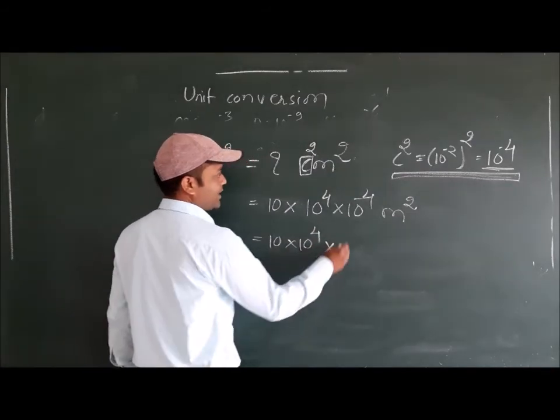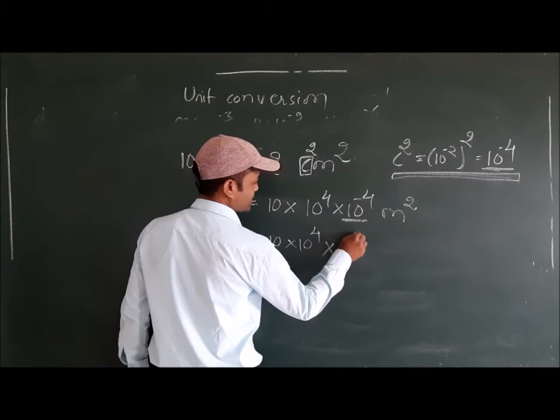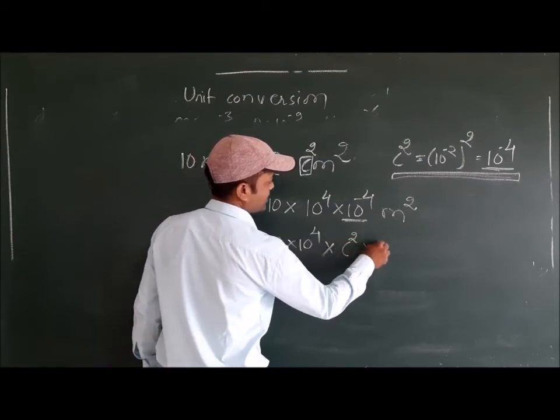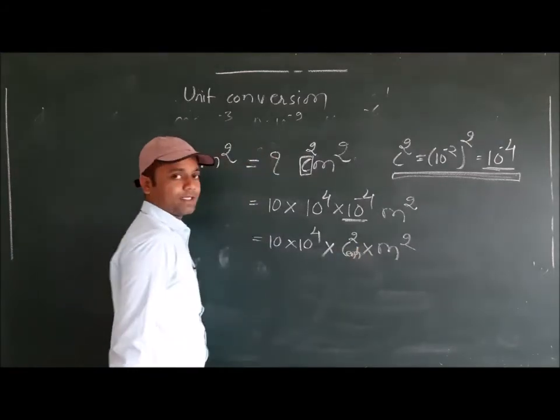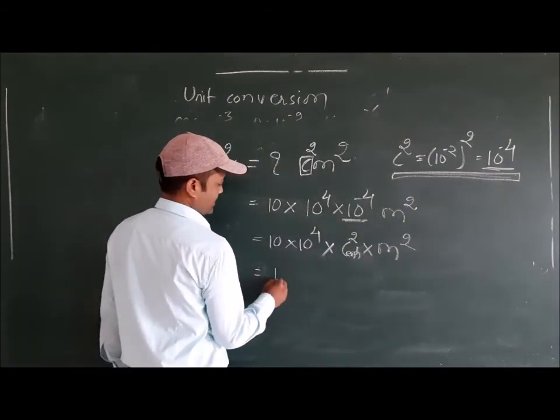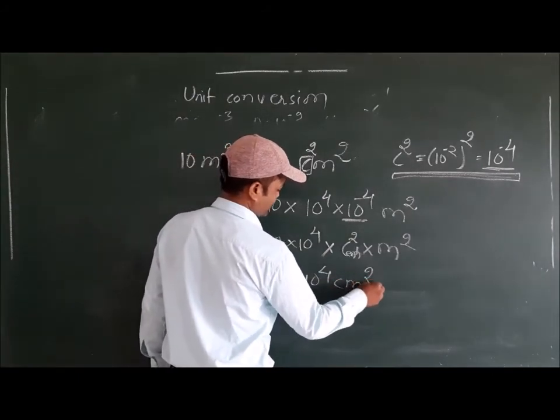And I know 10 to the power minus 4 means centi square. I write it separately, and meter square. This is centi. And then 10 into 10 to the power 4 centimeter square.